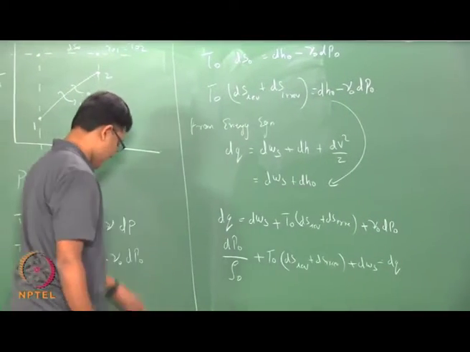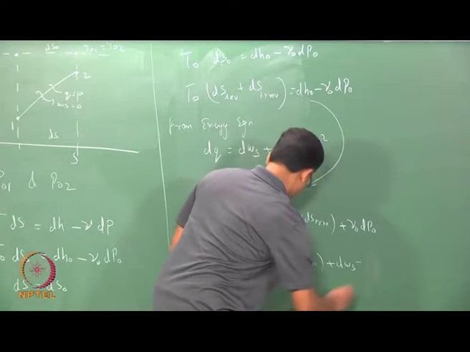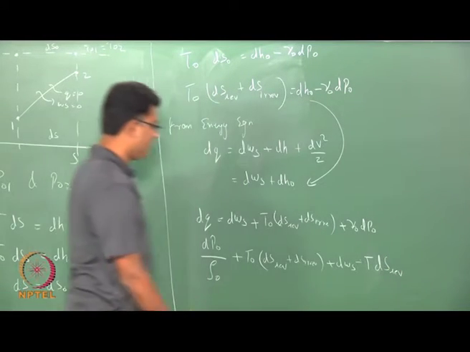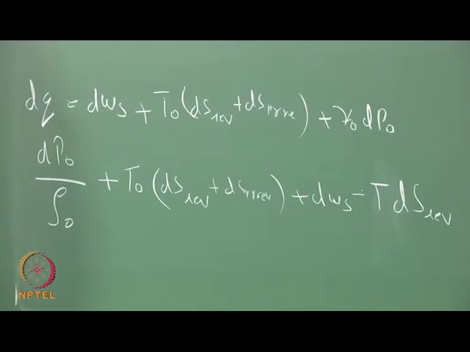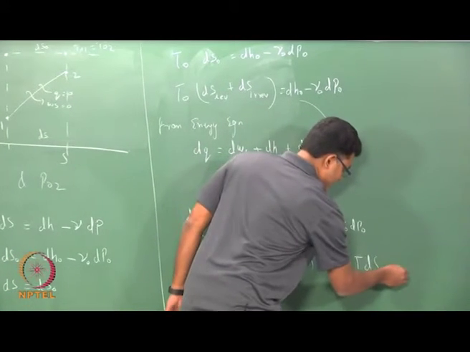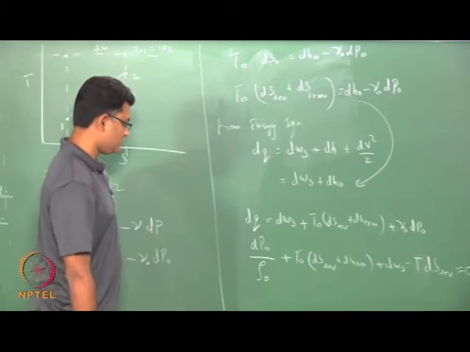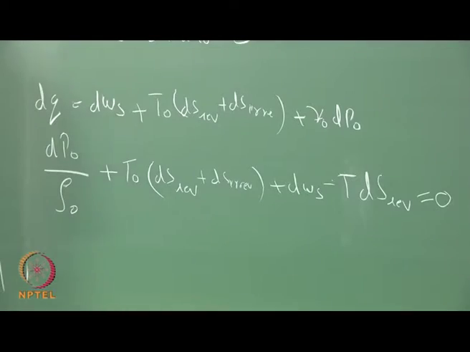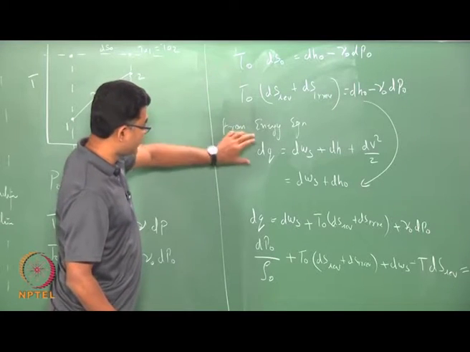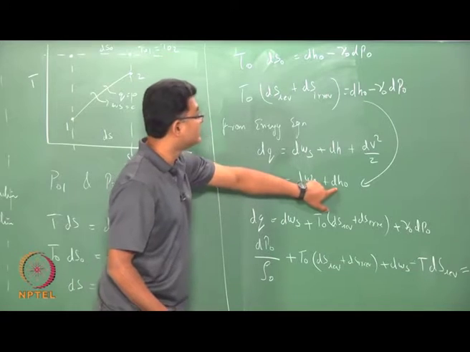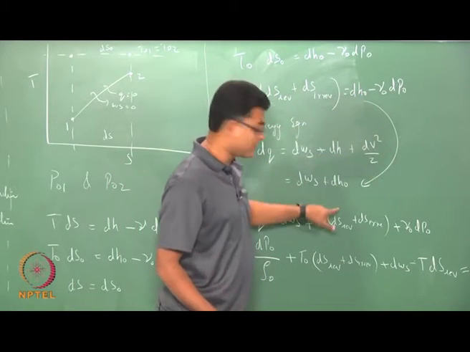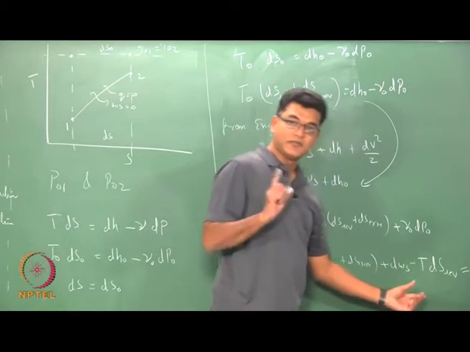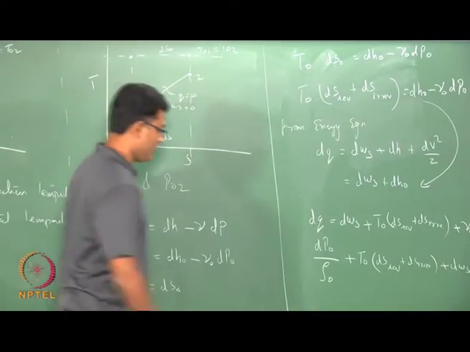Now dq I can replace as my T ds reversible from the second law of thermodynamics, equals 0. So I have taken the Gibbs equation, I have taken the energy equation, substituted the stagnation enthalpy change from the Gibbs equation into this, and I have replaced dq with T ds reversible from the second law of thermodynamics. Okay. That is all I have done.